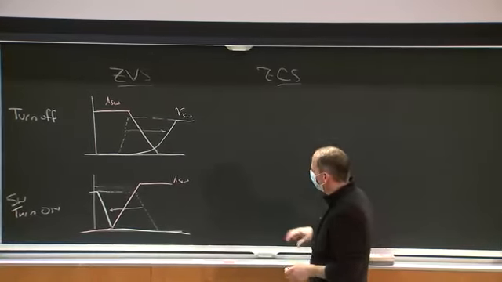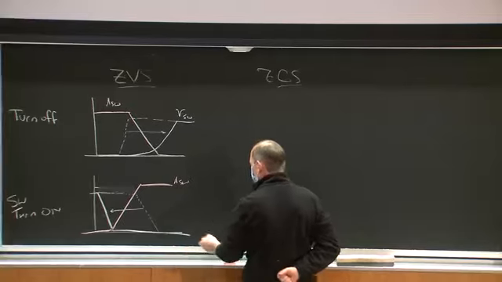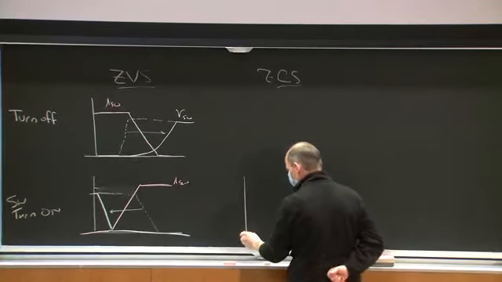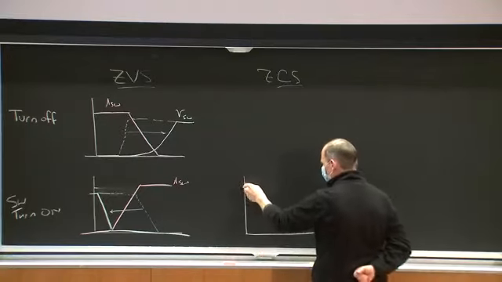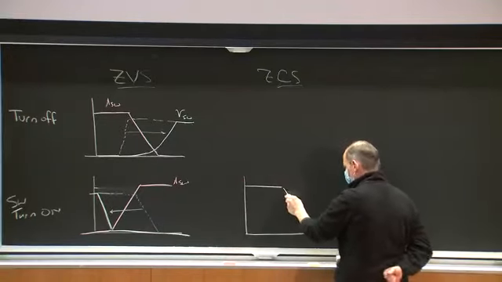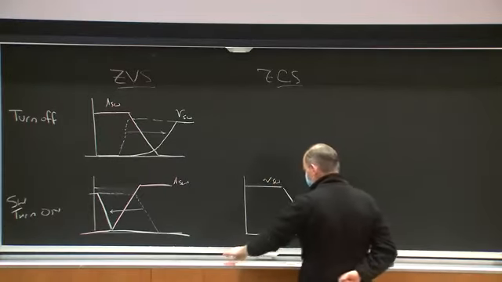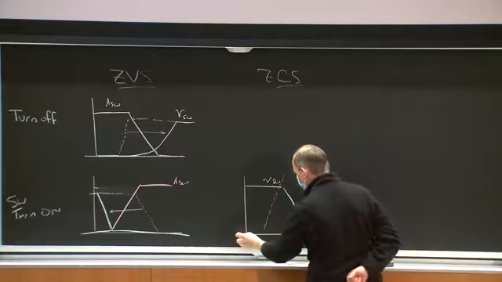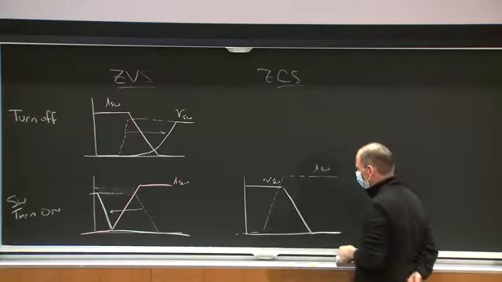But I can also do zero current switching. Zero current turn on is sort of the dual of zero voltage turn off. Here the switch voltage is falling, this is V switch, and normally the switch current would rise before the switch voltage falls.